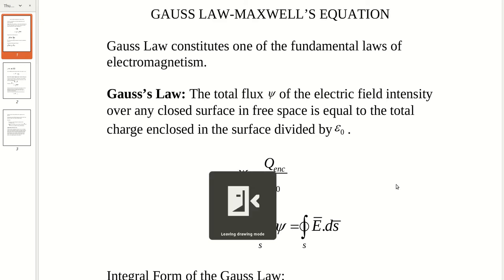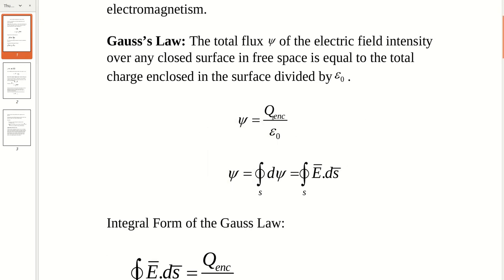So let's see here, Q over epsilon 0 equals phi. Phi is the total flux, and it is equal to the integration over this surface. So the total flux of the electric field intensity that comes across this closed surface is equal to the total charge enclosed in this surface.